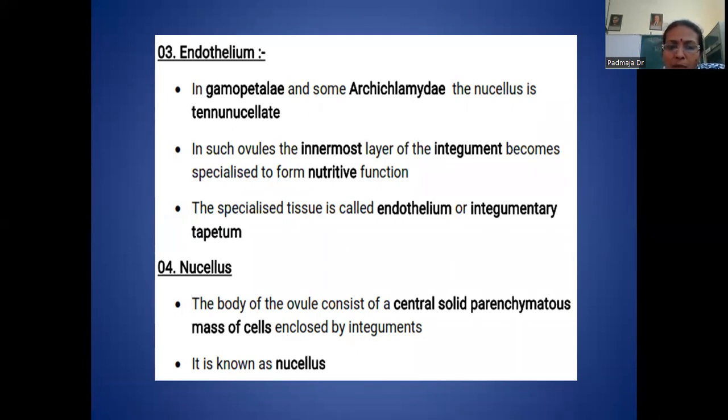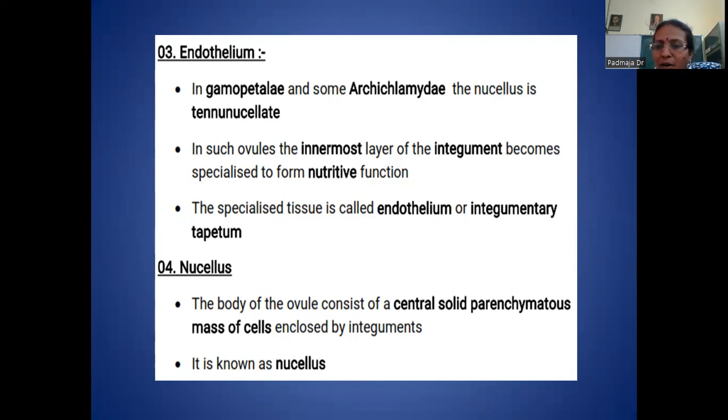The nucellus is the body of the ovule, consisting of a central solid parenchymatous mass of cells enclosed by the integuments. That means this nucellus is a tissue enclosed by the integuments, and from this nucellus only the megaspore mother cell is formed.